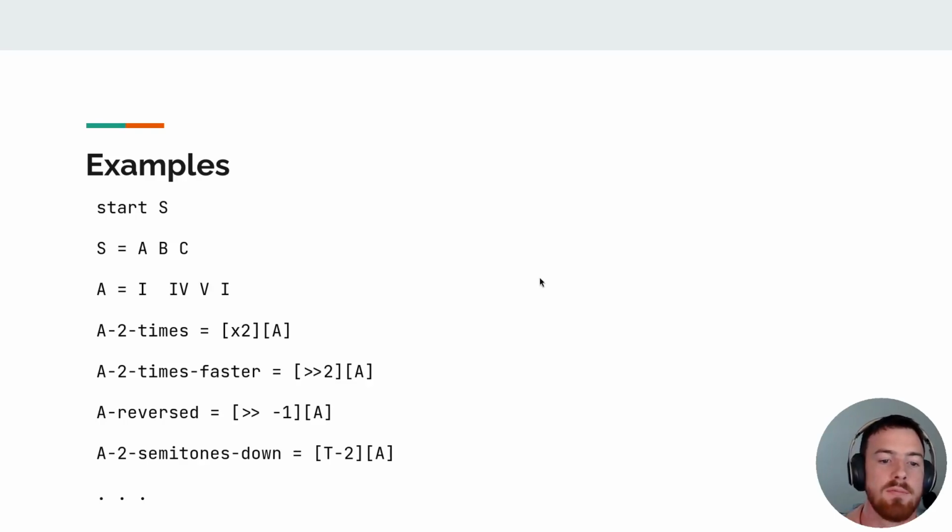For example, if you use this non-terminal A 2 times, it would be replaced with 2 times A. And then when this string has all its parts replaced, the ×2 and the brackets are unaffected, and A is replaced by its rules. So you get this string twice, and then those are replaced, and so on. So you can get very non-destructive repetition of a musical fragment. You can do the same thing for changing the speed, reversing it, or transposing it up or down.